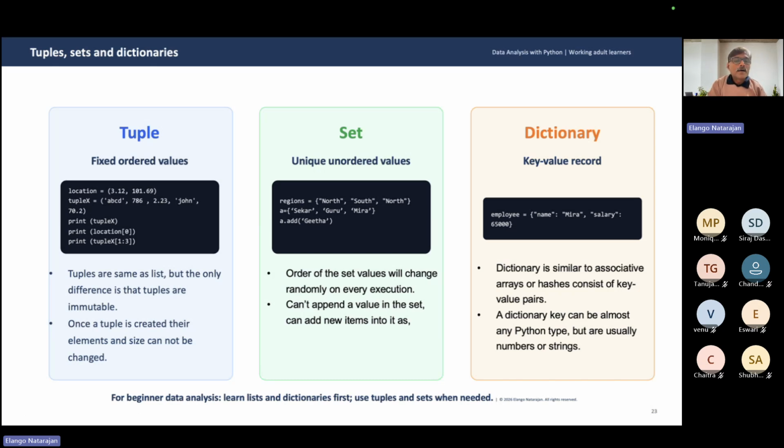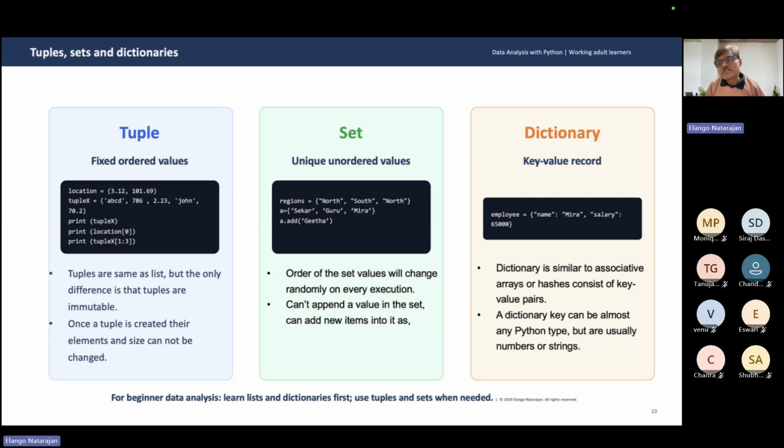But tuples are similar to lists, with the only difference that tuples are immutable. In the sense, you cannot change the size of the data. The data structure cannot be changed. So this is the big difference between tuple and list.